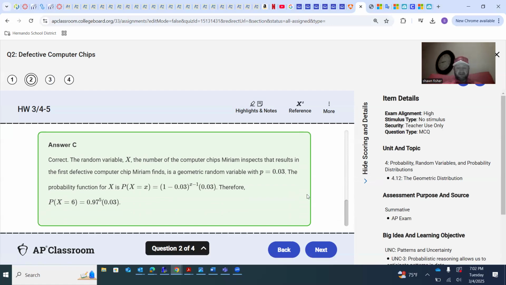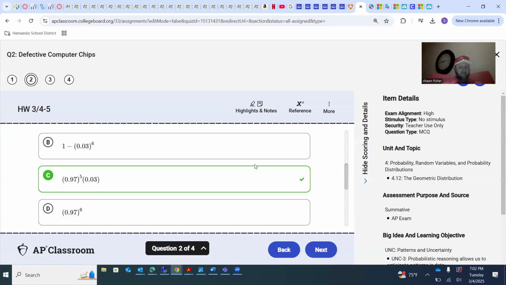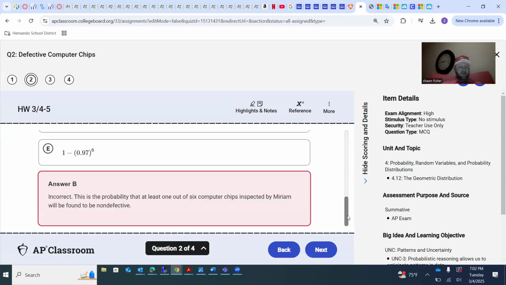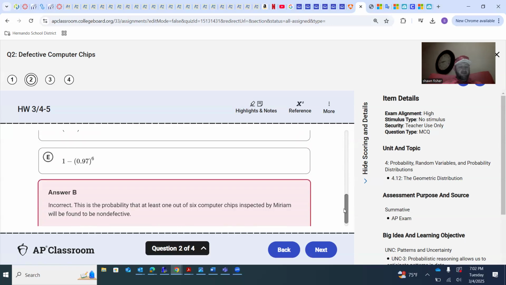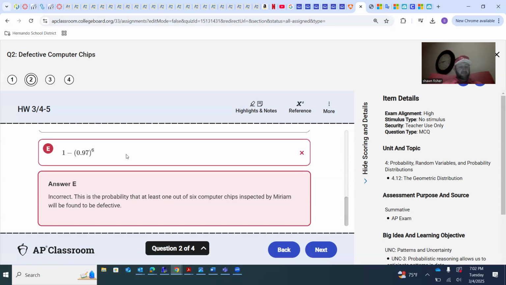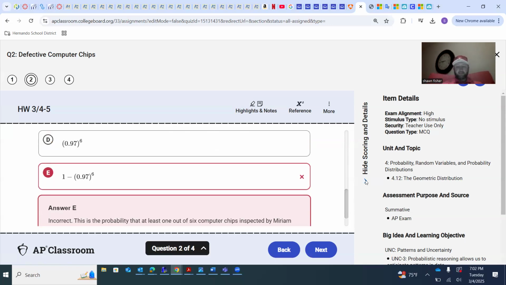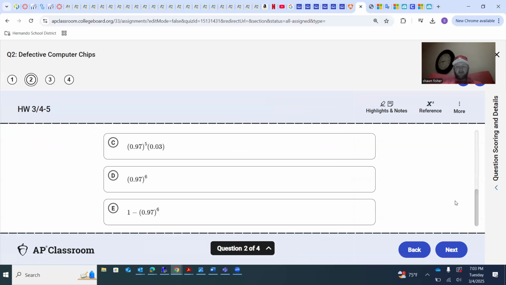So if X equals 6, I want to see what's wrong with these. That's right. That's the probability that at least one of them will be found as non-defective, right? This one here, 1 minus, is at least one of them would be found defective. Anytime you see 1 minus, that's at least. Yeah. There we go. Good.